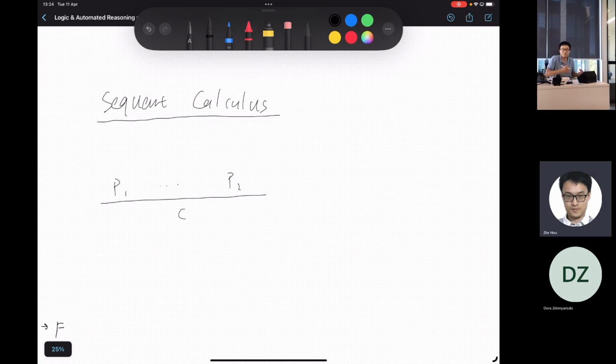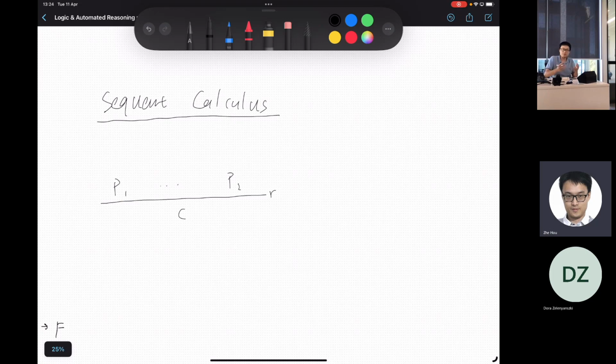One premise is basically something you have already proved, or something that you assume is true, right? And then from those, you get the conclusion. So we always write the premises on the top of the line and the conclusion below the line. And we write the name of that inference rule on the right-hand side of the line. So that's the general format of an inference rule, okay?